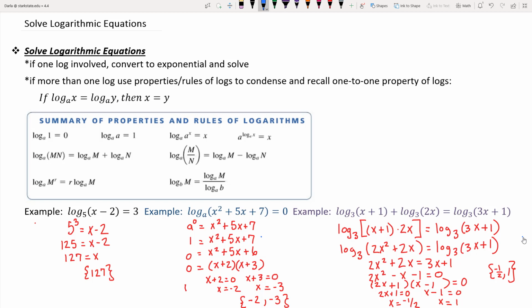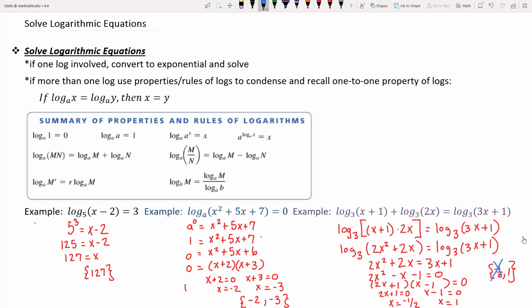So if we put -1/2 in for this first log, it looks okay, but in this second logarithm, 2 times -1/2 gives us a -1, so it becomes log base 3 of -1. That's not okay because that's not part of the domain. You can't take the log of a negative value, so we would have to throw out the -1/2. If it doesn't work for one of the logarithms, it doesn't work for the entire equation.